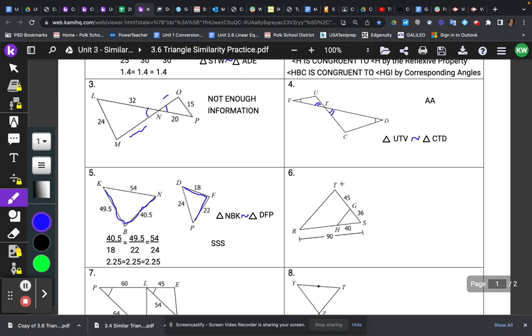But as I'm looking closely, I don't have parallel lines, so I don't have triangle proportionality on these sides. So what am I going to do? I'm going to add together this entire side. I'm going to add all the way from S to T so that I have matching parts in order to be able to set up my proportion.